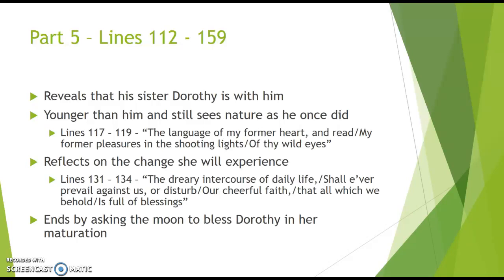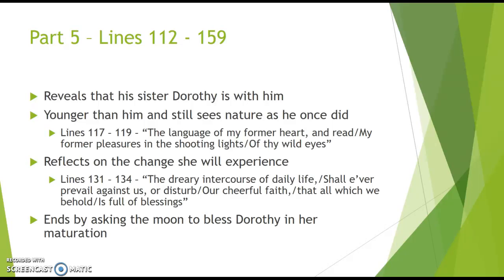As the section goes on, he reflects on the fact that she's going to experience the same kind of changes and maturing that he has gone through. And he says, "Nor the dreary intercourse of daily life shall ever prevail against us or disturb our cheerful faith that all which we behold is full of blessings." So she's going to have to go through daily life.